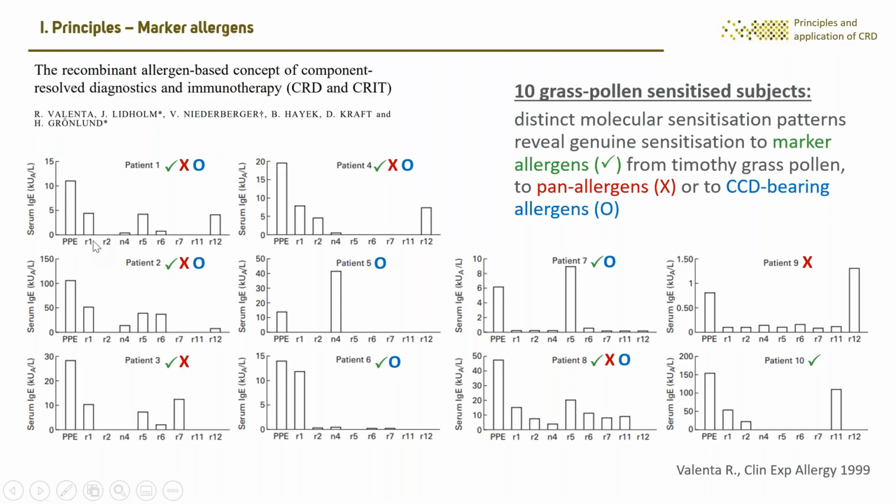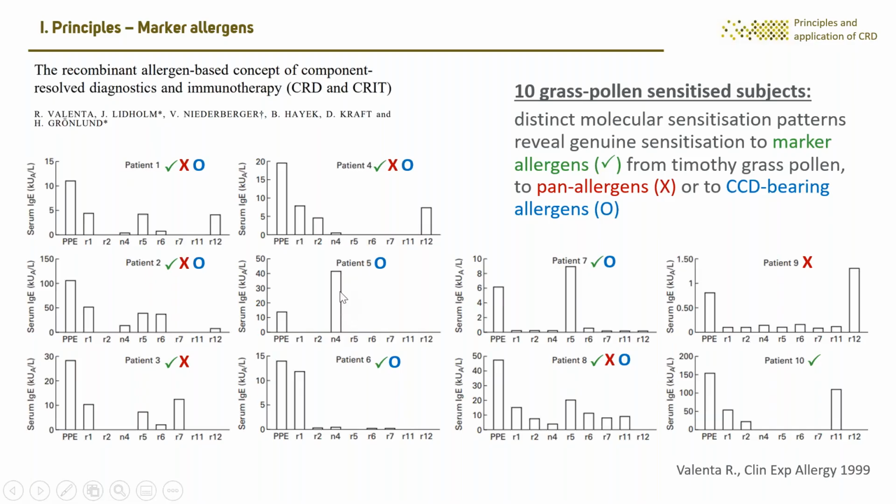Many patients have actually IgE to the marker allergens from timothy grass, Phl p 1, Phl p 5. This patient, for example, has only IgE to Phl p 5, but there are some patients, like number 5 here, who have IgE to Phl p 4. And you see, as mentioned previously, this is n Phl p 4, natural Phl p 4.